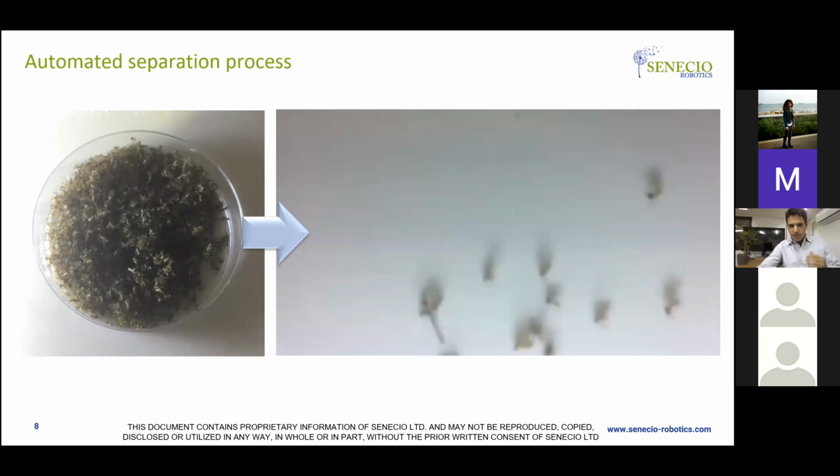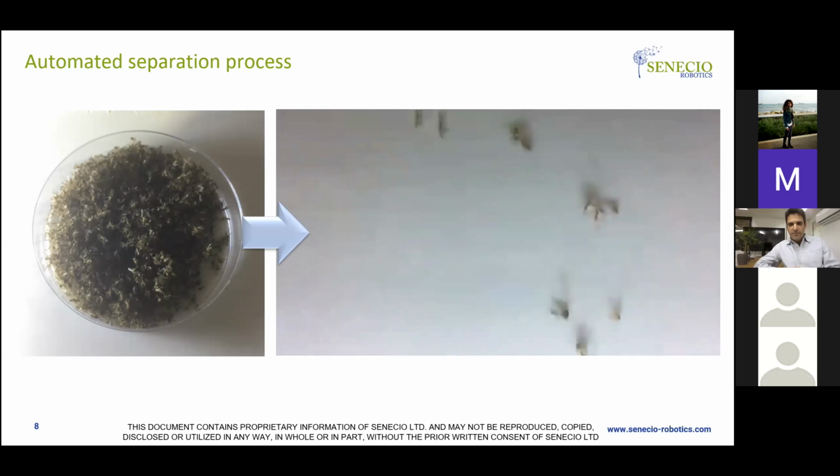Now we're deep diving a little bit more into the process. On the left side, we see an example of a petri dish with lots of mosquitoes that came from a trap. Instead of using tweezers and separating them one by one, we place them inside the machine. On the right side, this is a video taken of the conveyor.